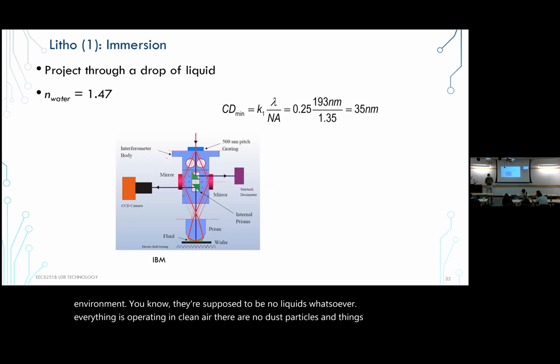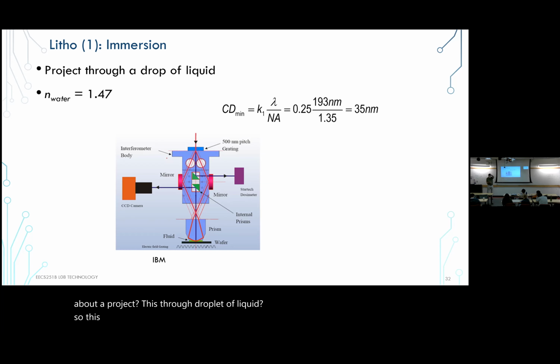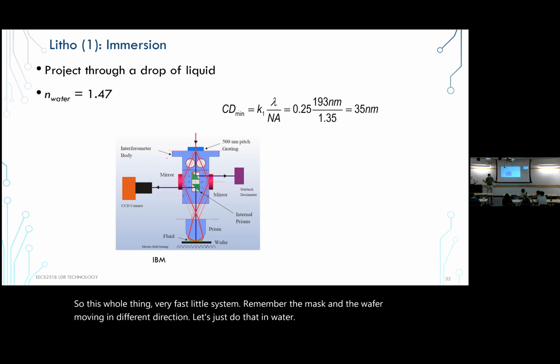And then somebody says, well, in order to increase my numerical aperture, how about I project this through a droplet of liquid? So this whole thing is a very fast litho system. Remember, the mask and the wafer are moving in different directions. Let's just do that in water. People thought people were insane. But it worked, and everybody is doing immersion lithography nowadays.